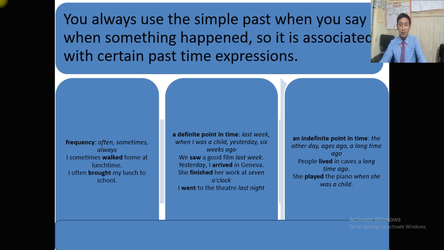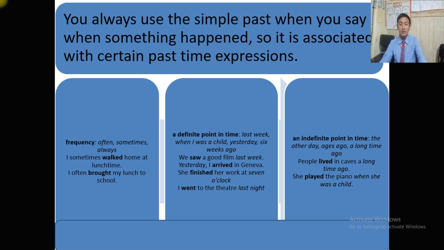What do you know about this? You are very clear about the action. When did it happen? It happened last week. Now come to the next example. Yesterday I arrived in Genoa. We can make the question, when did you arrive in Genoa?